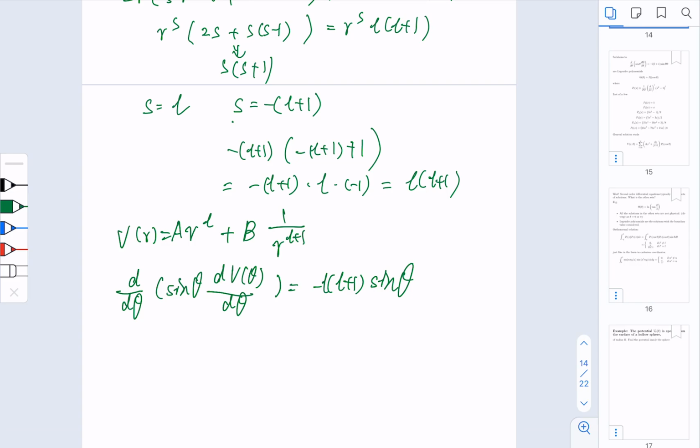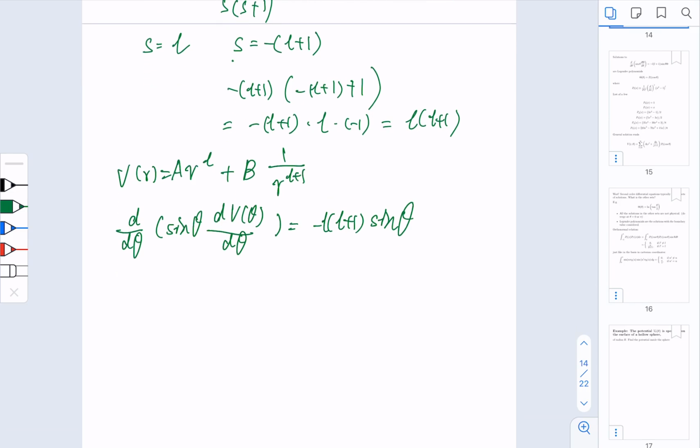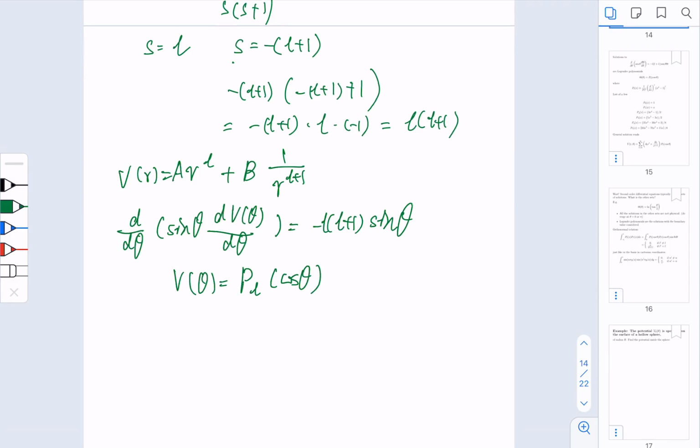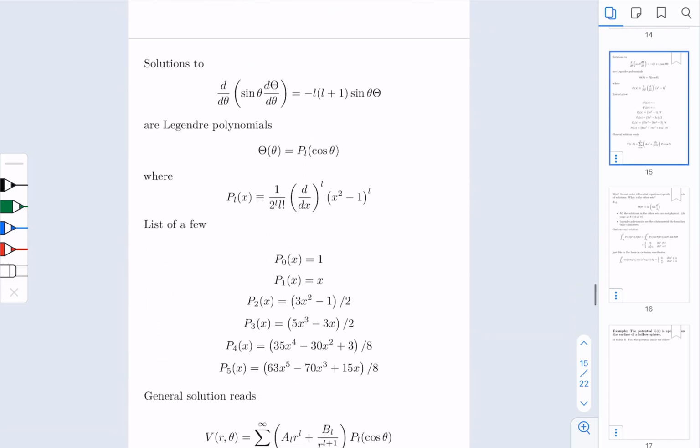It's not a simple problem to solve, but mathematicians have actually already solved it for us. The solutions here should be written as this, and the PL are simply Legendre polynomials.